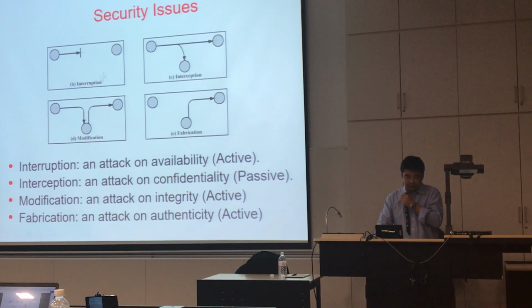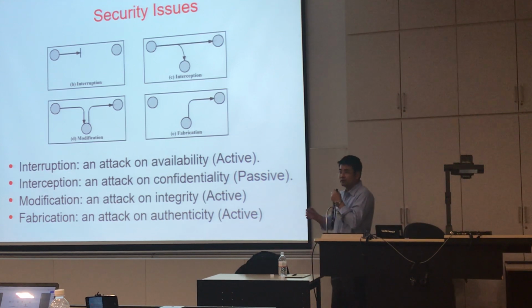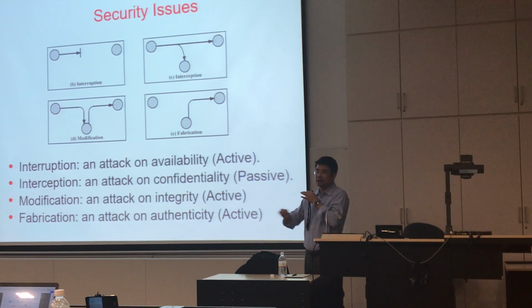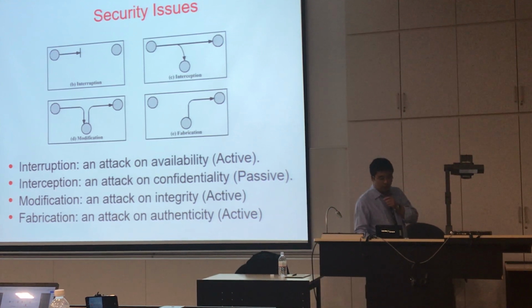Of course, this is perhaps the simplest attack. When you want to deliver a message, I just cut the network. If I just cut the physical wire or physical channel to deliver the message, then of course you cannot deliver the message to another party. So this is an interruption.